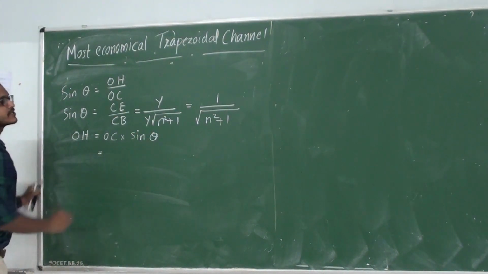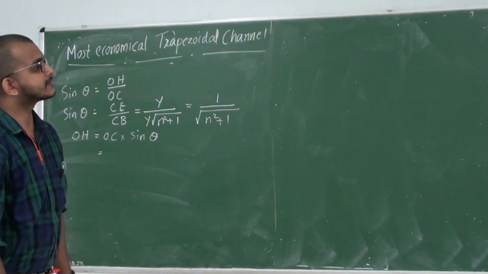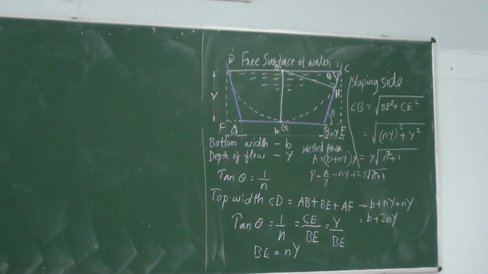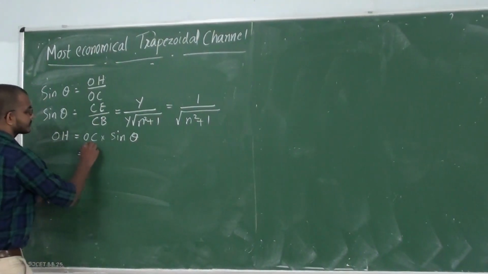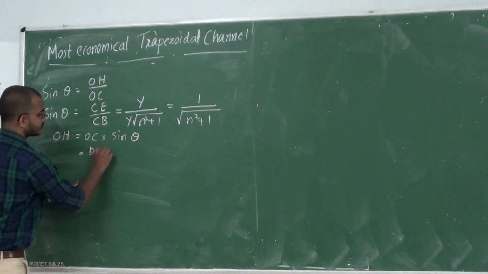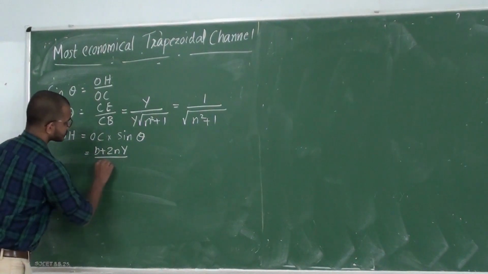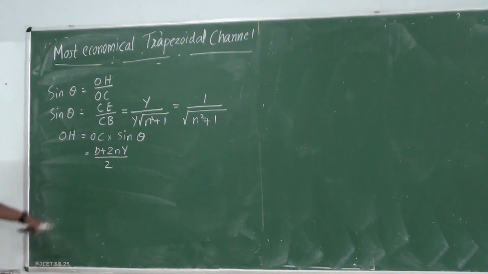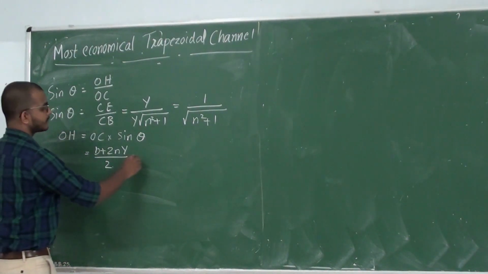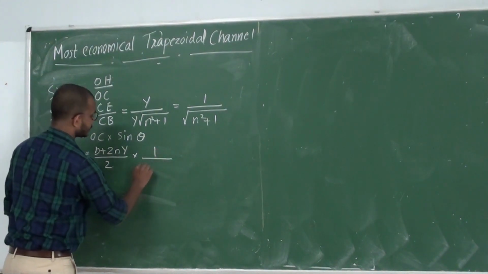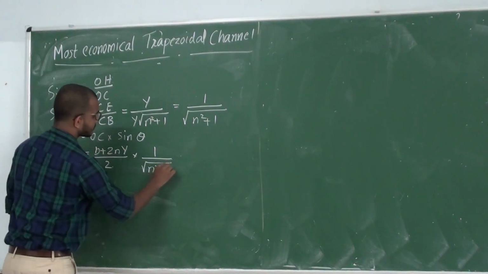What is OC? OC is nothing but half of the top width. The top width is B plus 2ny, divided by 2, and sin theta is 1 by square root of n square plus 1.